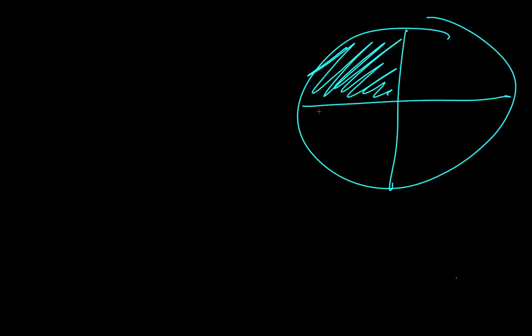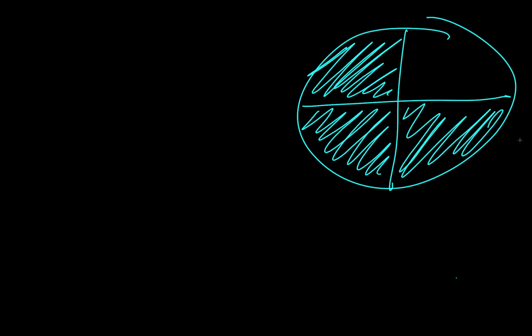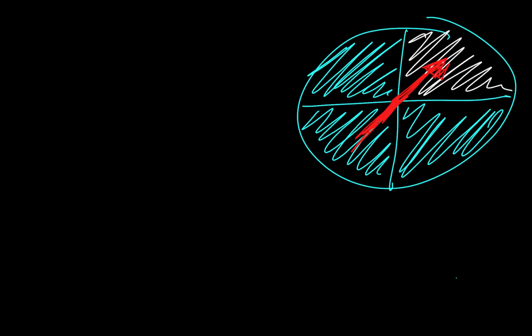This is blue, this is blue, this is blue, and this one is white. So we have a spinner. Okay. Highlight the outcomes corresponding to the event obtaining blue twice.